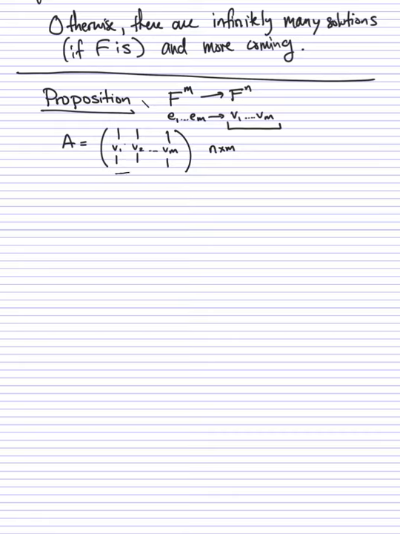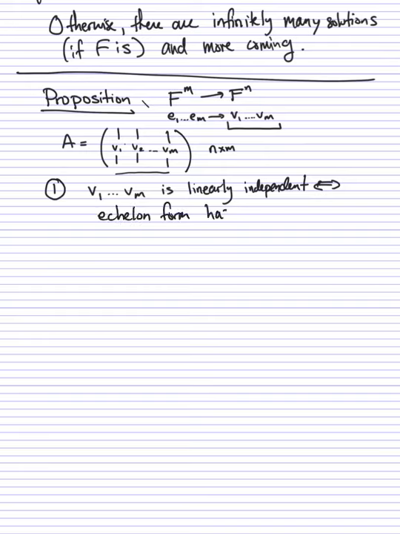We want to reduce this, put it into echelon form, and see what that tells us about the vectors. It turns out you can make complete statements here. First, v1 up through vm is linearly independent if and only if the reduced form has a pivot in every column.